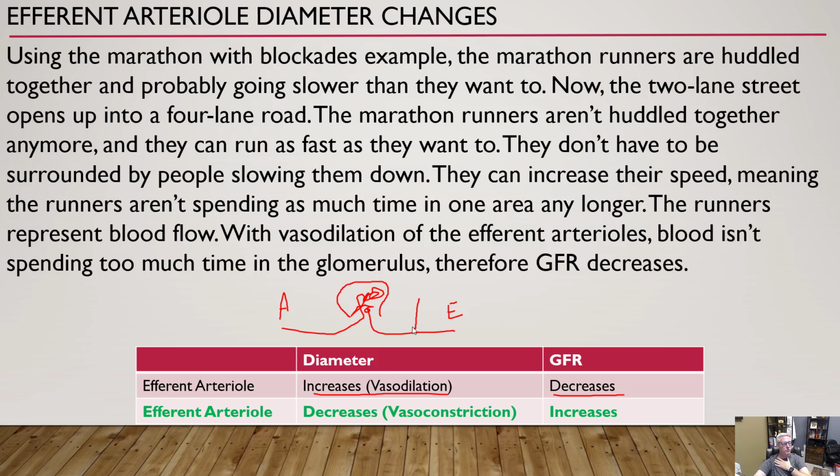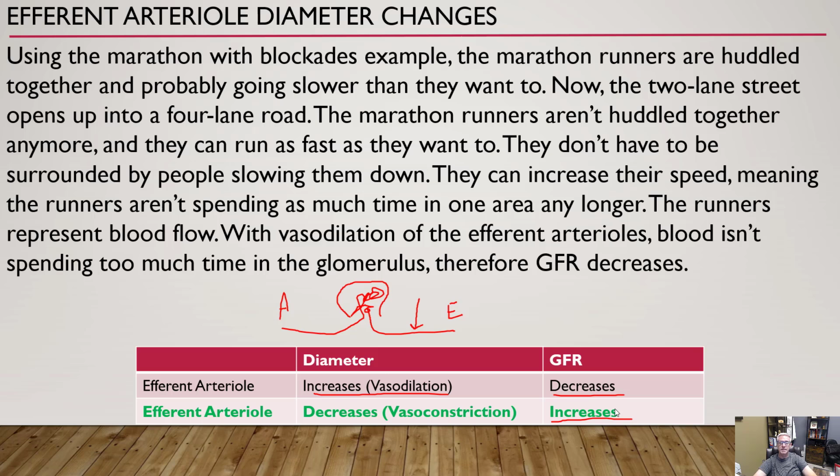Now, if we vasoconstrict our efferent arteriole, we're going to cause that backup of blood, and we're going to force blood to stay in the glomerulus longer. Because we're forcing blood to stay in the glomerulus longer, we're going to increase our glomerular filtration rate.